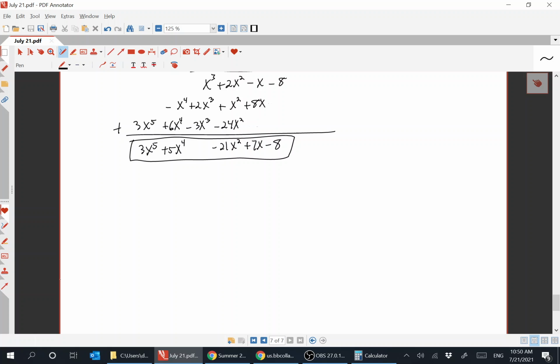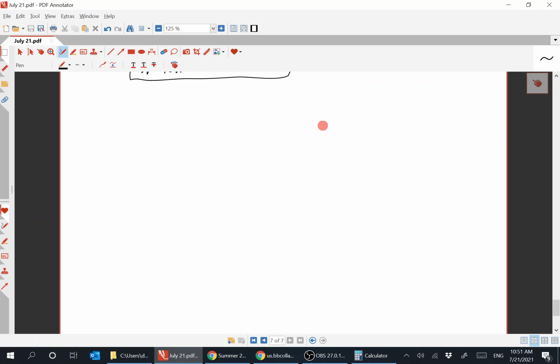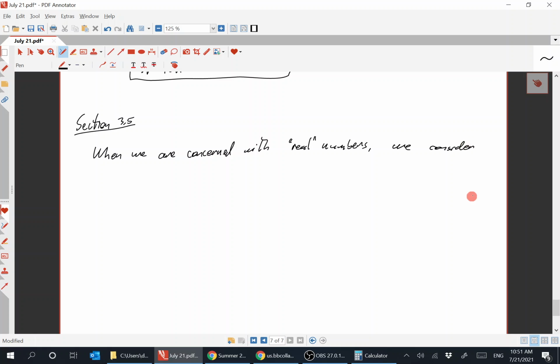So section 3.4 we didn't do. Section 3.5 is on complex numbers. When we are concerned with quote-unquote real numbers, we consider the square root of -1 to be undefined.